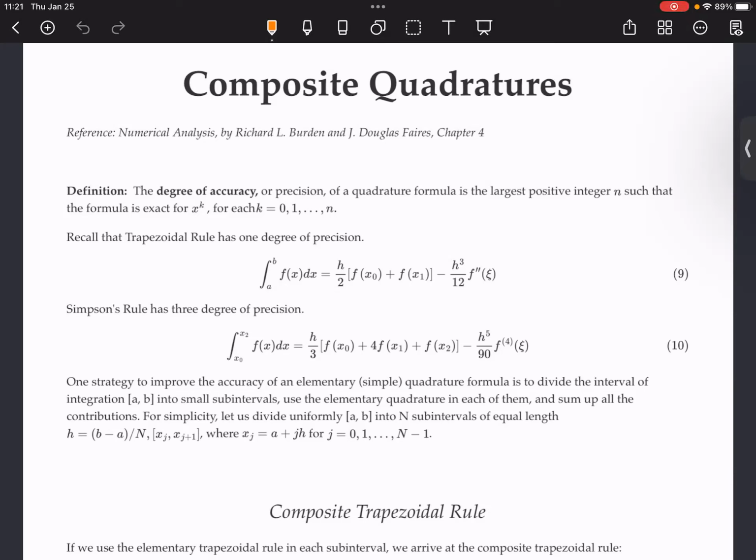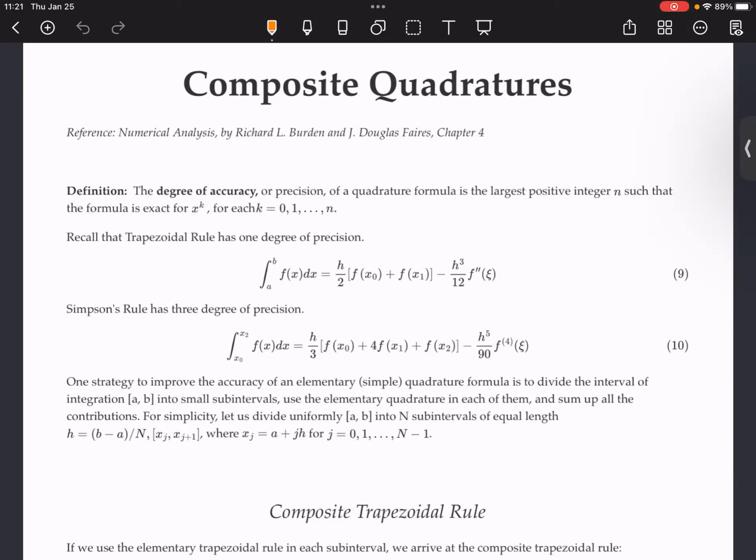The x is fine because the second derivative is 0 again, which means that this formula is exact for f(x) equals x. If we try out f(x) equals x squared, you would get some number here. The second derivative is 2, so we would have an error for the quadratic polynomial.